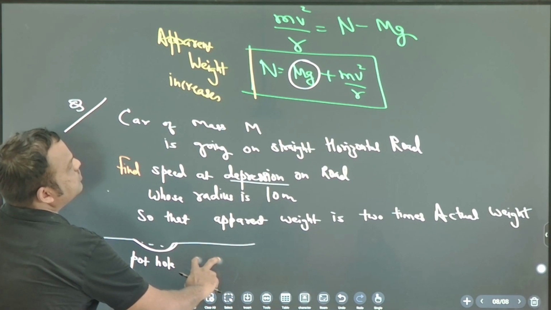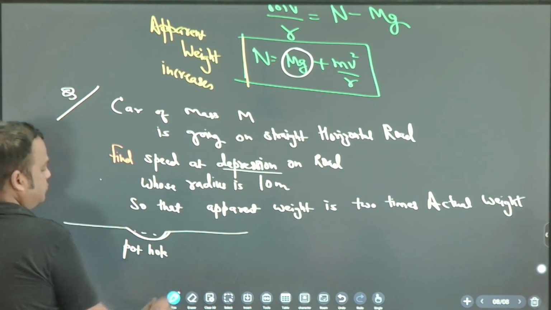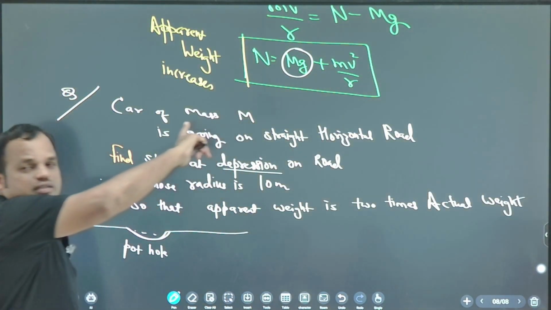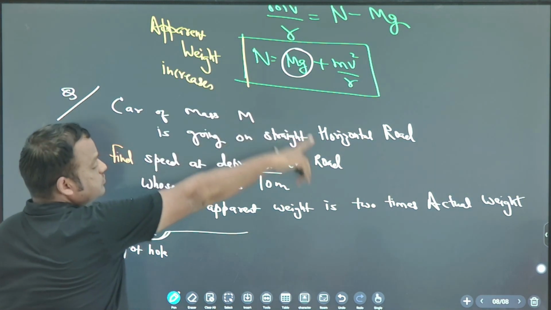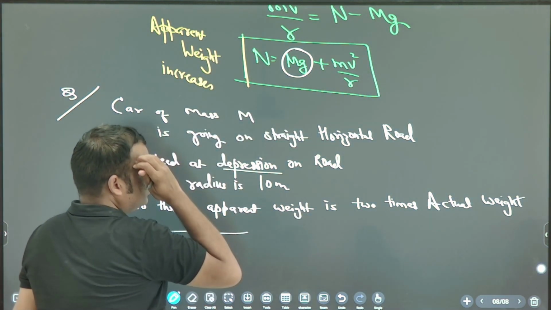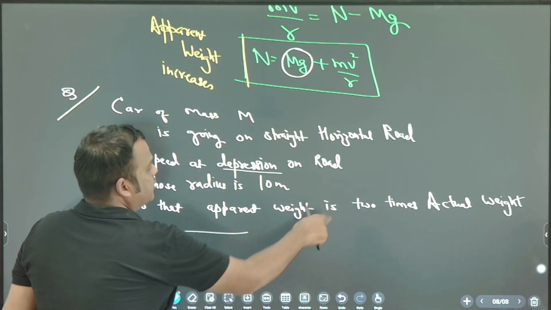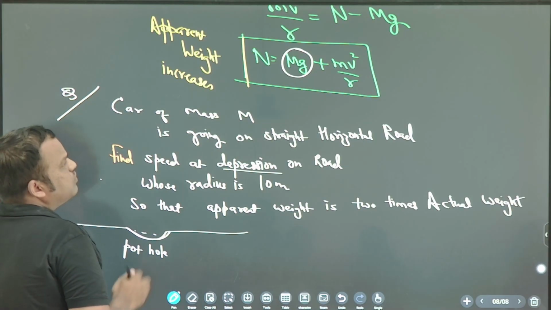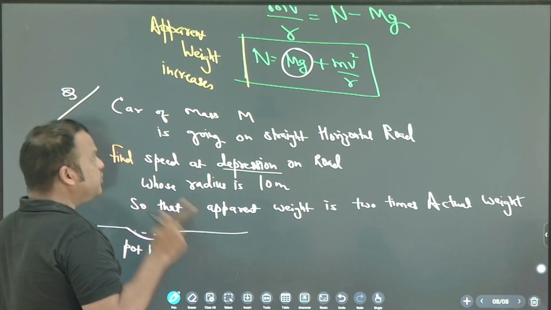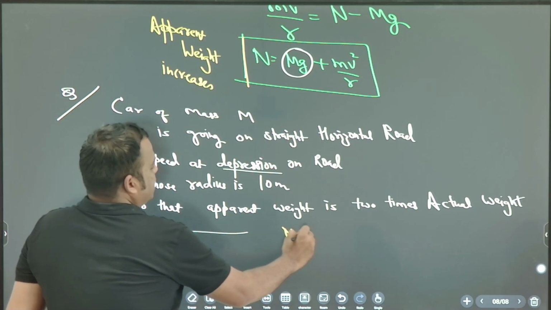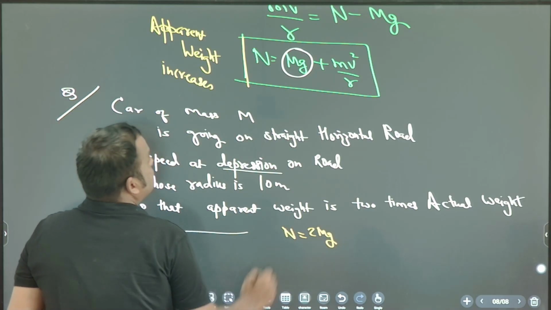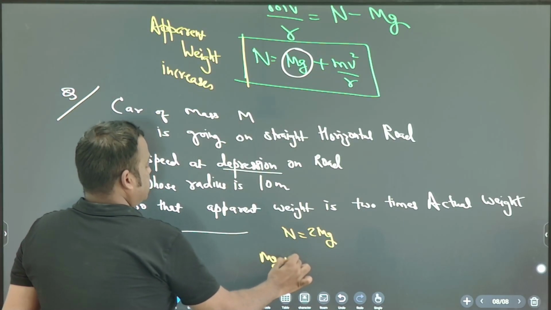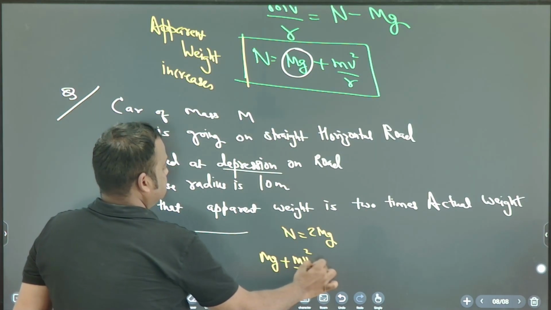Okay, tell me. So use the formula. What is the apparent weight? Two times actual. And what is actual? Mg. So apparent is 2 mg. So normal is 2 mg. And the formula for normal is mg plus mv square by r.